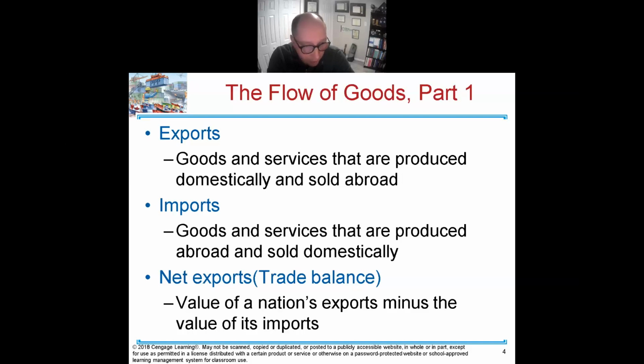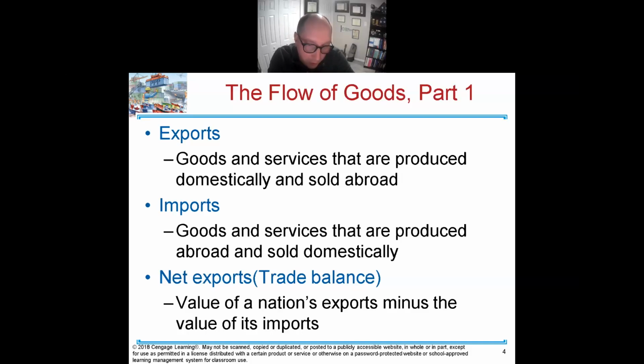And as you recall, we have net exports. This is a part of the concept of gross domestic product, remember? Imports minus exports equals net exports. That's the definition of net exports.